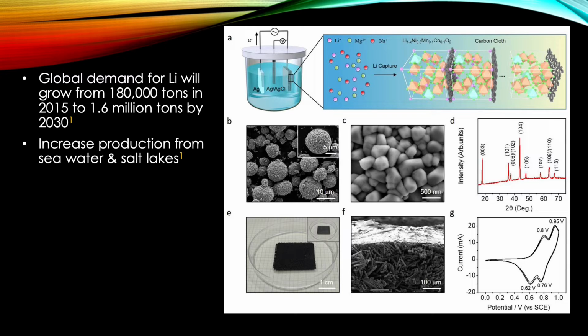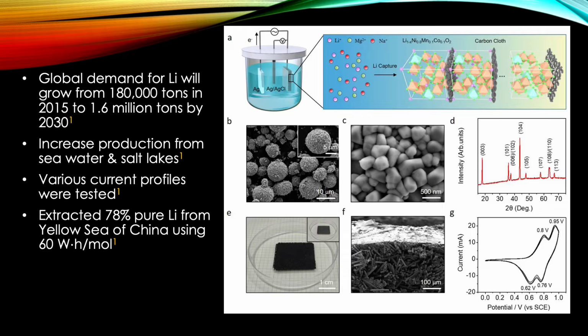In this experiment done by Hong et al., they used electrolysis of seawater, and by changing the current up and down and trying different profiles, they were able to accumulate more lithium near the electrodes. And they were able to extract 78% pure lithium from the Yellow Sea of China using 60 watt-hours per mole.